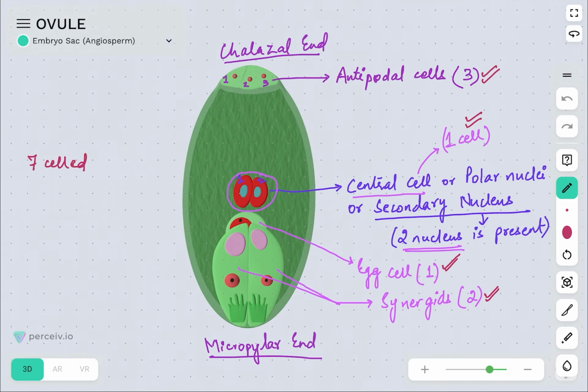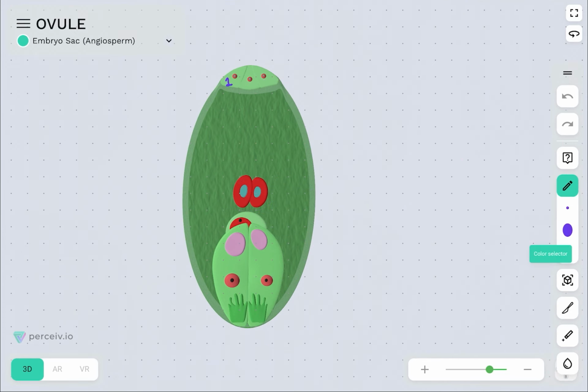And if you are going to consider the nucleus part, this is the first nucleus, second, third nucleus, fourth and fifth nucleus, then this is the 6th nucleus, this is the 7th one, and this is the 8th one. So making it a total of 8 nucleus present in 7 cells. So this we are counting as 1 cell only, which is the central cell.